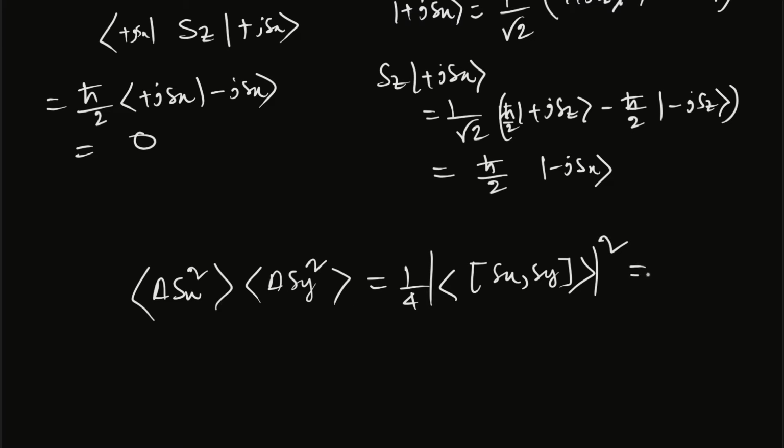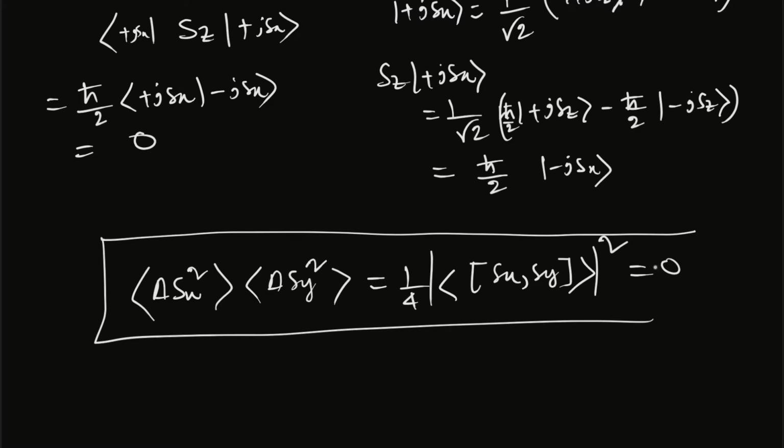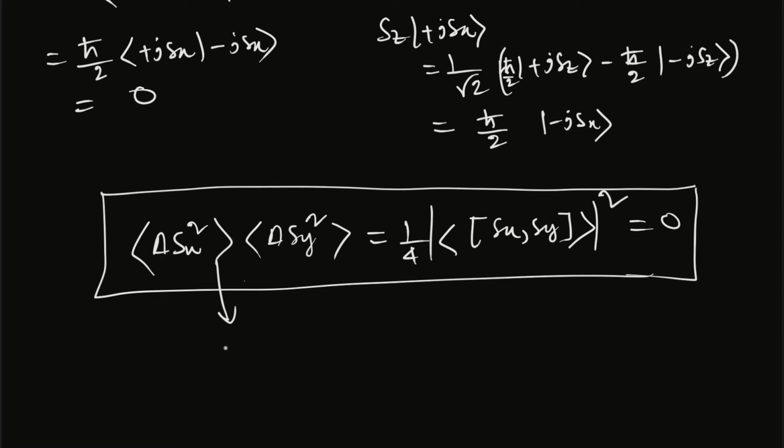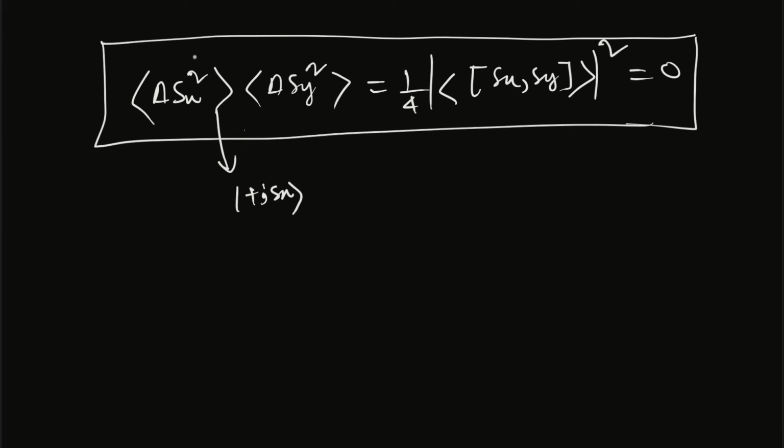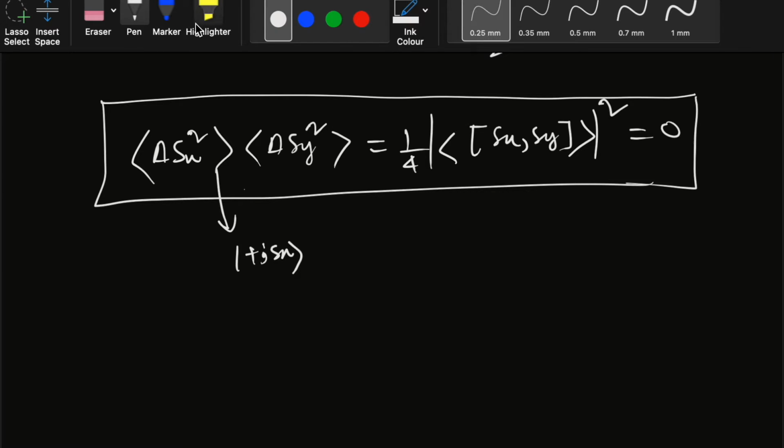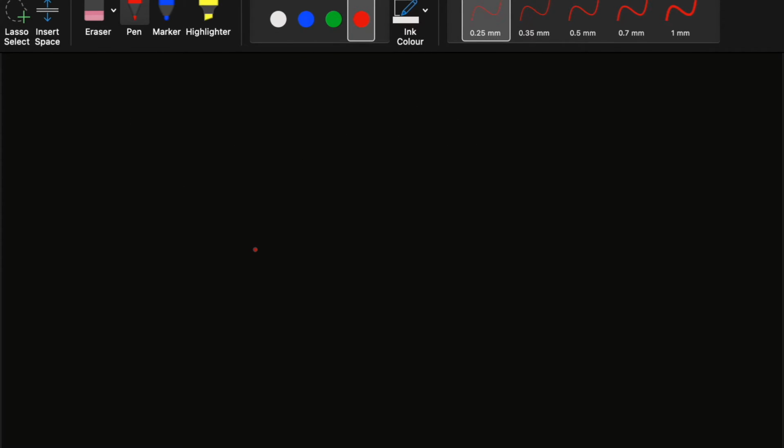So that means this equals 0, and the uncertainty relation holds even in this state, when the expectation value is over the state |+x⟩. So hence we have solved question 19. Now let us solve question 20.